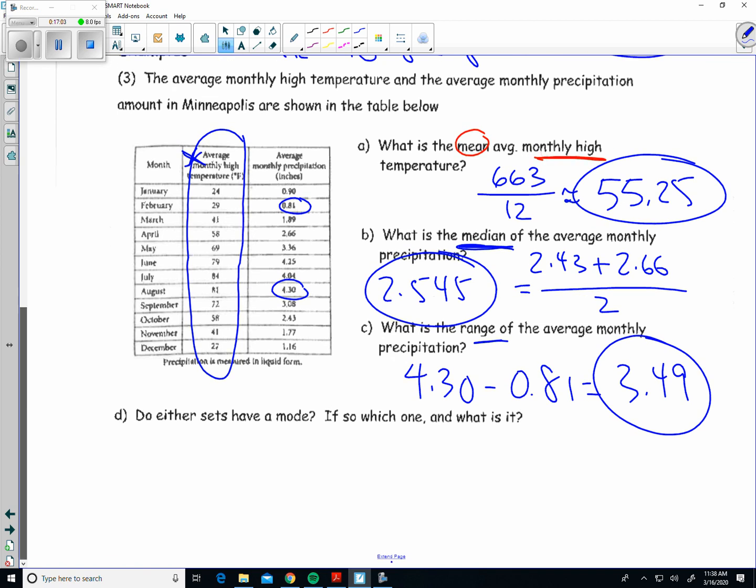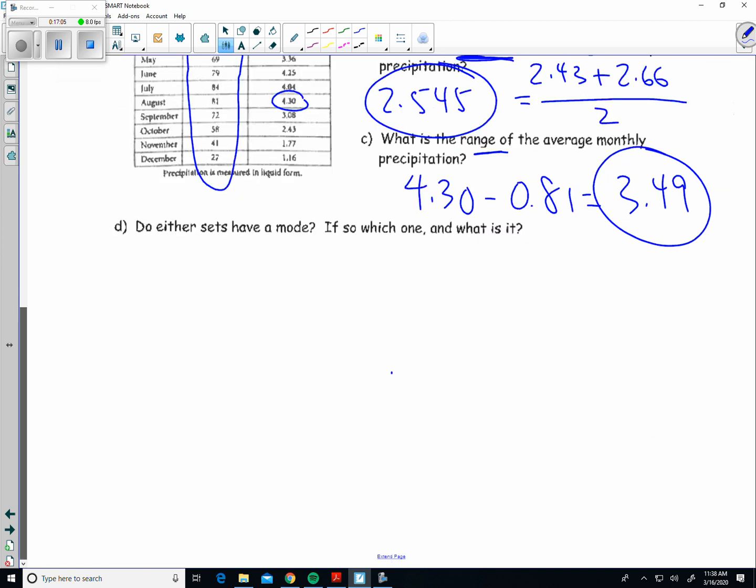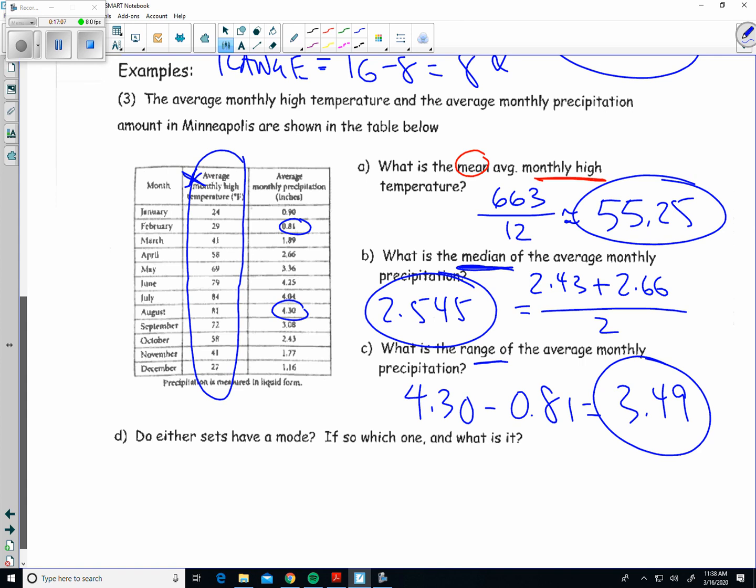And then finally, the last question here for you. Do either sets of data, whether we're talking about the high temperature or the precipitation, have a mode? Mode's the most popular, so if you scan through them, first of all, there's no mode in the precipitation. None of those values are repeated. But for sure, if we look at the month of April, high temperature of 58.